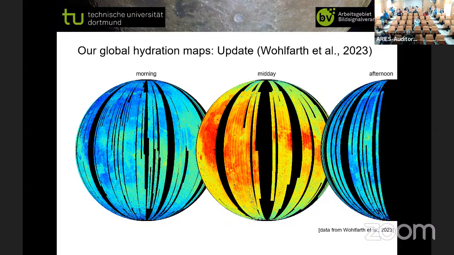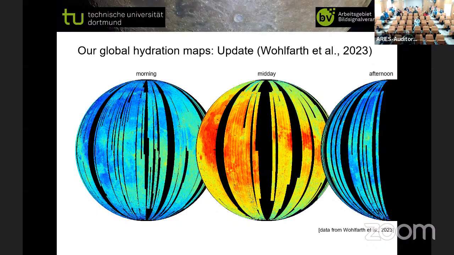So this binding energy has an extremely strong influence on how the hydration behaves. But this is all not really well understood so far, but it seems that this solar wind implantation mechanism can explain what we see here.